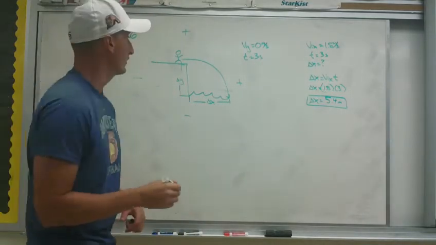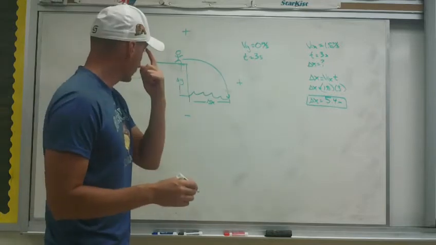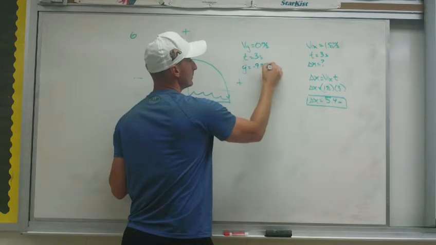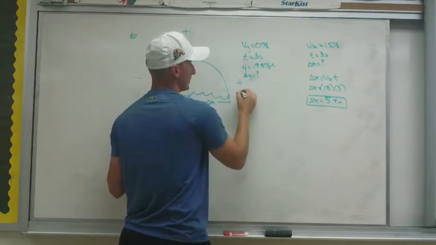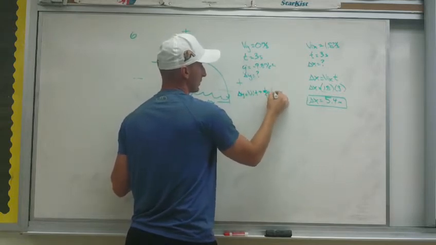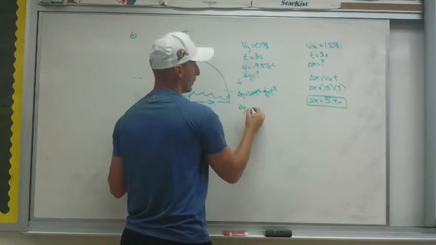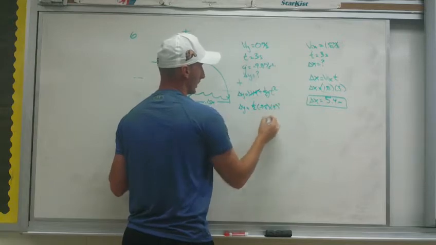Delta y is a little bit different. I know VI is 0. I know t is 3 seconds. I also know that there's gravity. I want to find delta y, so I can use this: delta y equals VIT plus 1/2 GT squared. VI is 0, goes away. Delta y is what I'm looking for. 1/2 G, negative 9.8, T is 3 squared.